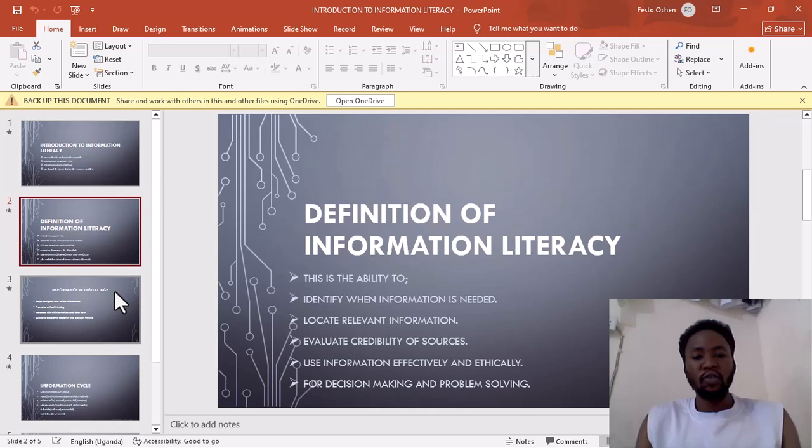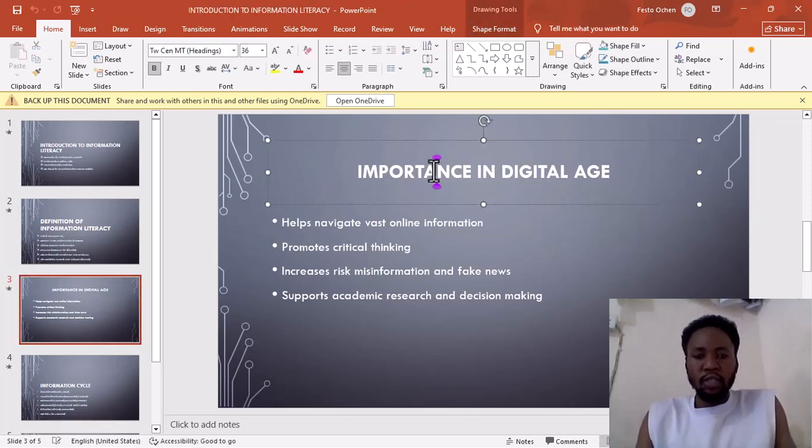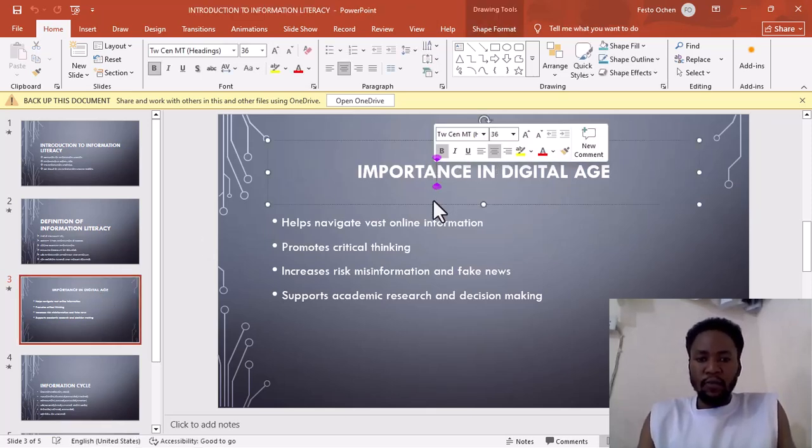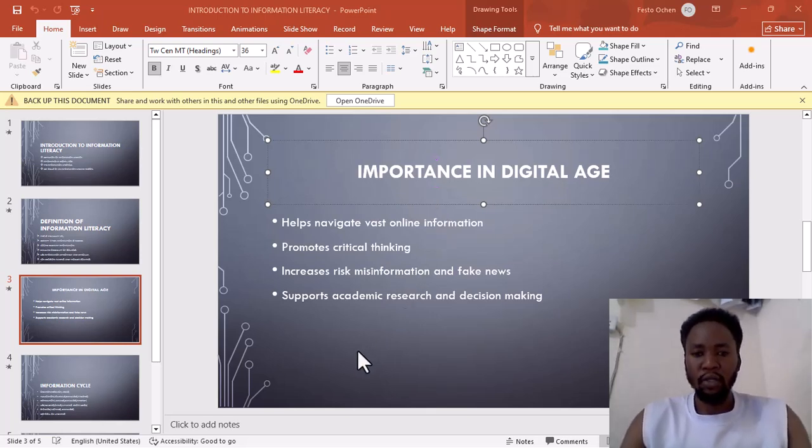When I go into the next slide, it will be talking about the importance in the digital age, and this is something very vital. It is about how information literacy helps with 21st century skills, and how we, the new generation, cope with the information we are getting, because nowadays things are more modernized, with technological advancements in sciences.